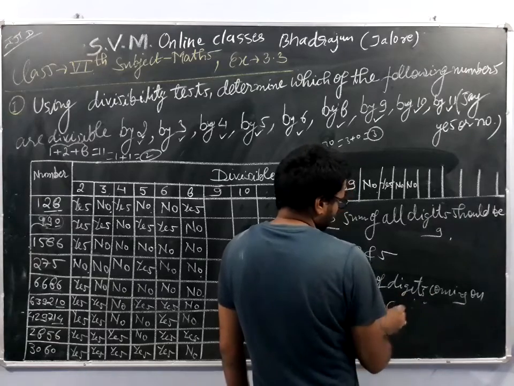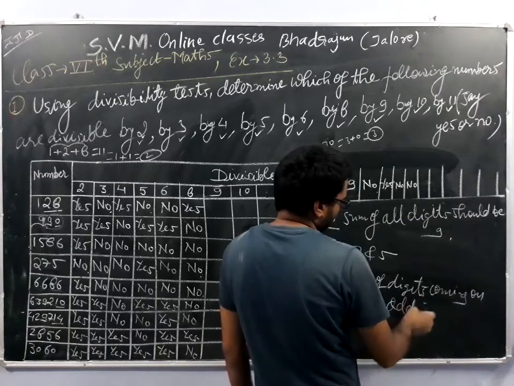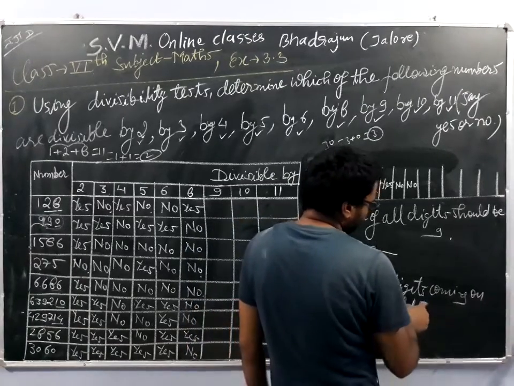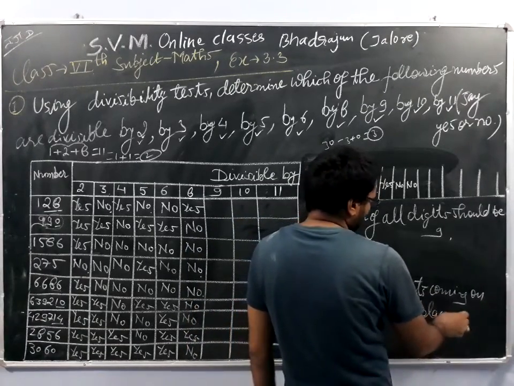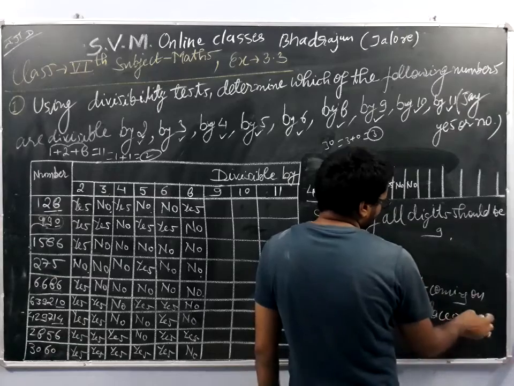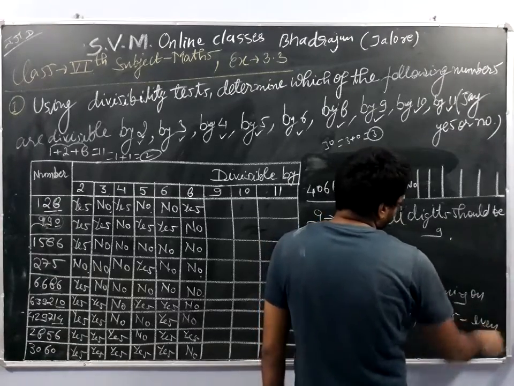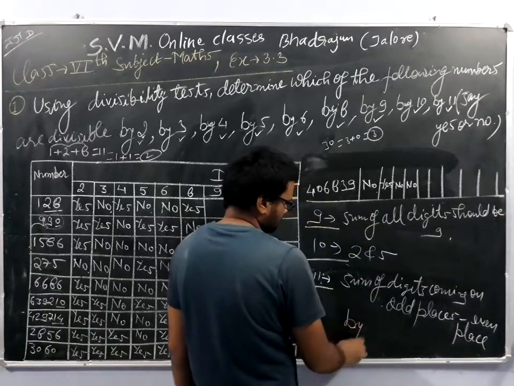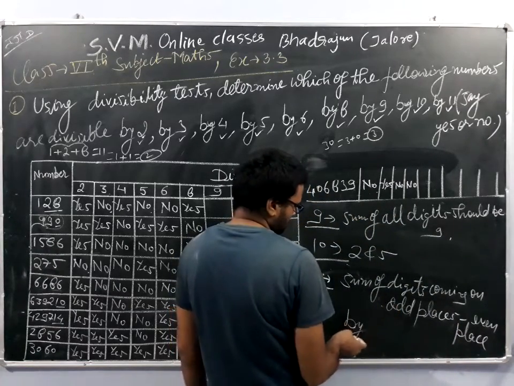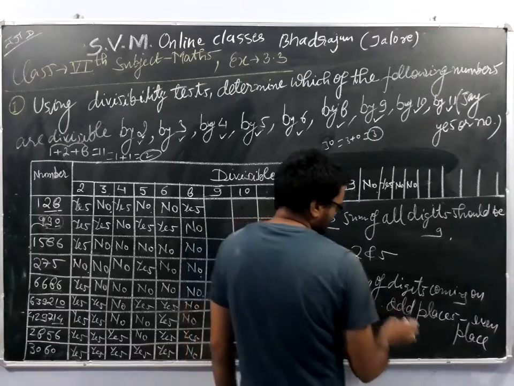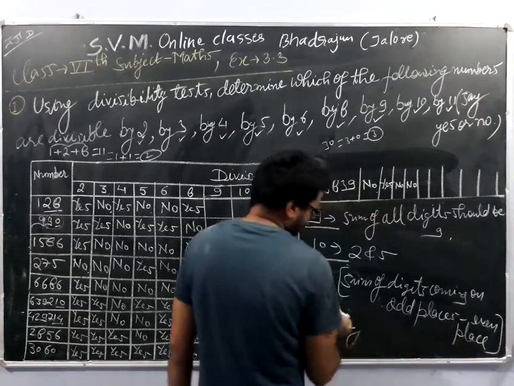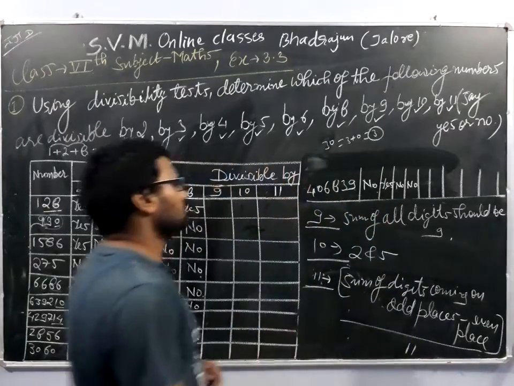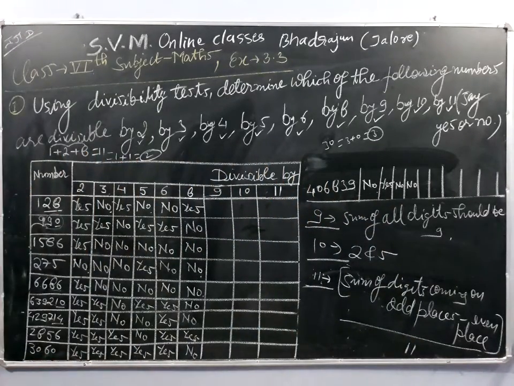First we can take even, odd, or anyone, because we have to calculate the difference. Odd places minus even places, this difference should be divisible by 11. If the difference is divisible by 11, then the whole number will be divisible by 11.